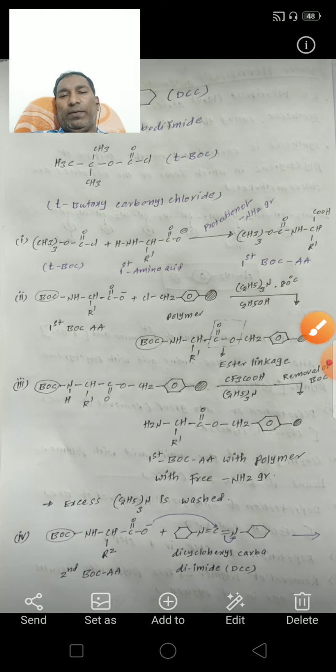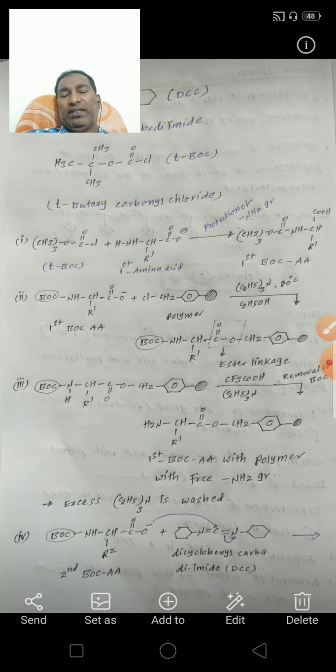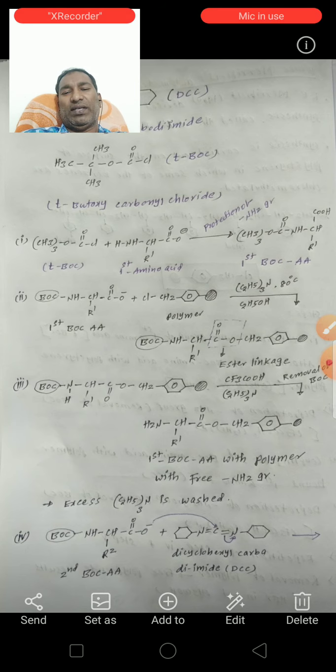Next, fourth one. The second amino acid also reacts with the tertiary butoxy carbonyl group to form a second BOC amino acid. The second BOC amino acid is treated with DCC, dicyclohexyl carbodiimide. So the reaction takes place.